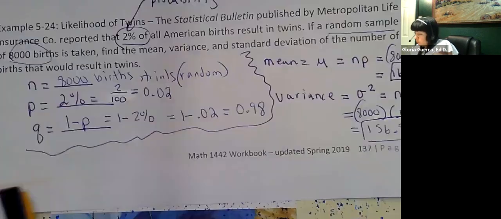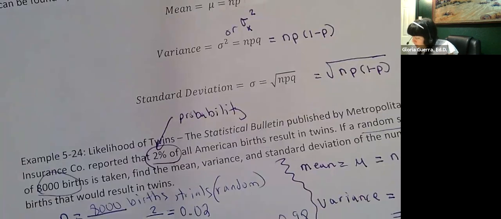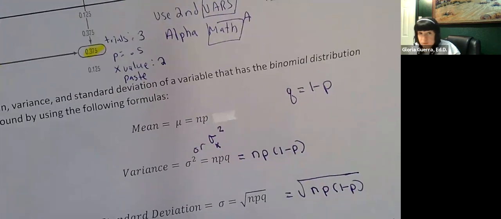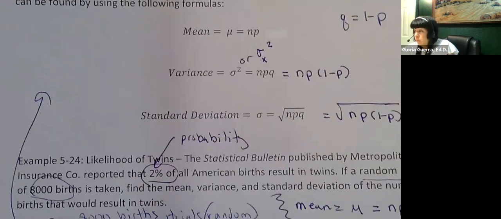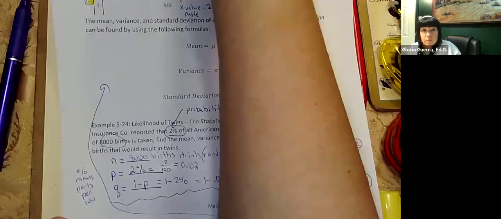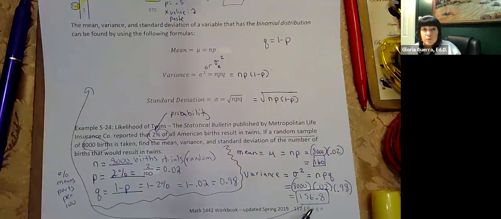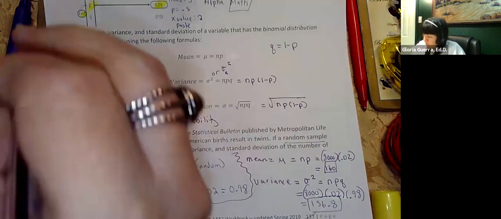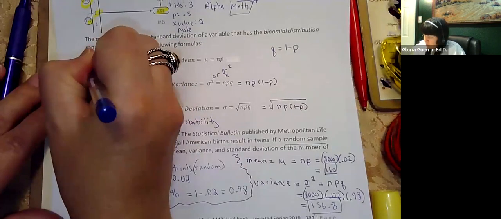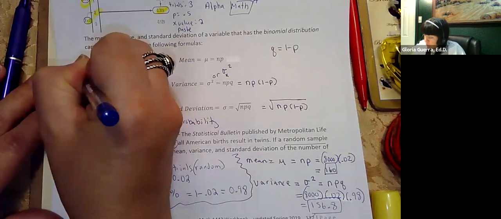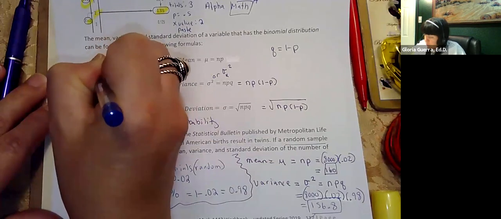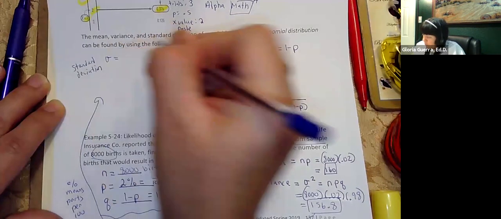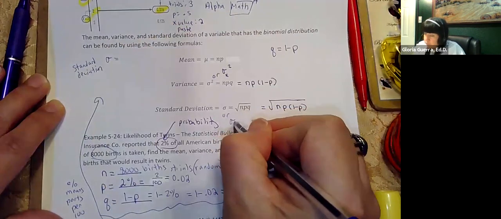Okay, and I'm running out of room, so I'm going to put the other one over here at the top. The other one was standard deviation. Okay, so they have that sigma, or you can say sigma sub x, right?